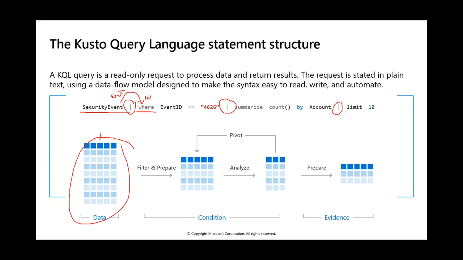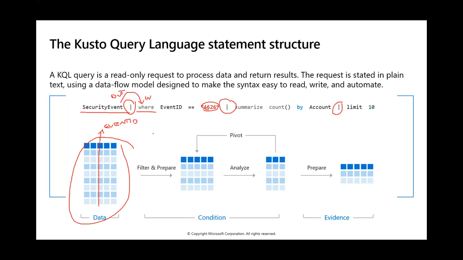One of these could be representing this event ID. So in this case, within this where operator, it is going to search for a value equal to 4626.